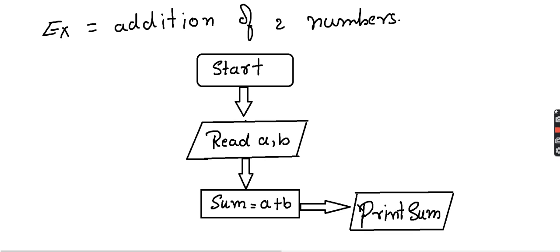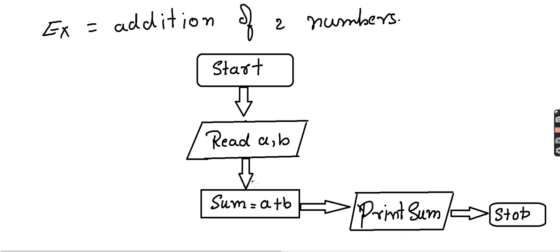Finally I should stop. That is a termination, so I'm using a terminal to stop it. I have to write stop. So: start, read A, B, sum is A plus B, print sum, stop.